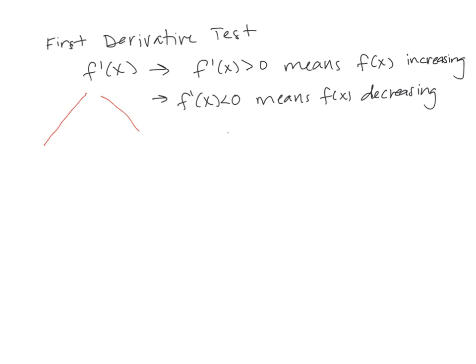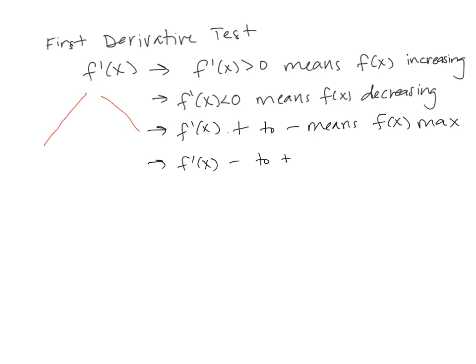Not new news. Okay. I also know that if f prime of x changes from positive to negative, this means that f of x has a maximum value. And again, I also know that if f prime of x changes from negative to positive, this means that f of x has a relative minimum.